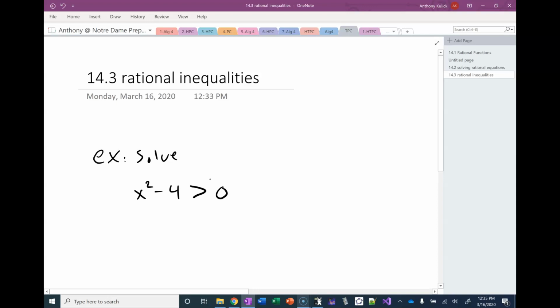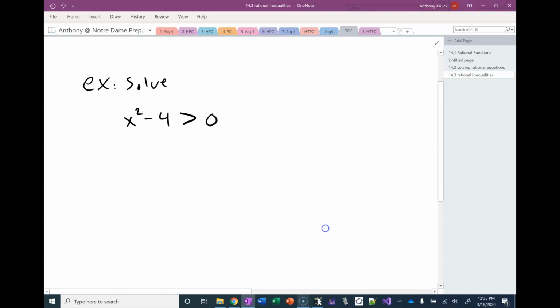What I want to do here is first identify the possible locations where the polynomial y equals x squared minus 4 can change from positive to negative. Well, that's easy. Those are just the places where the graph of y equals x squared minus 4 crosses the x-axis.